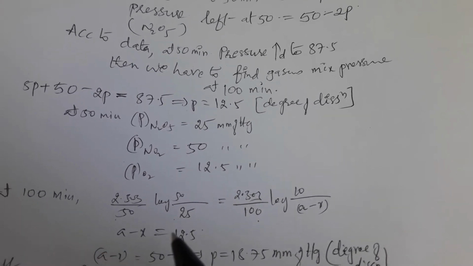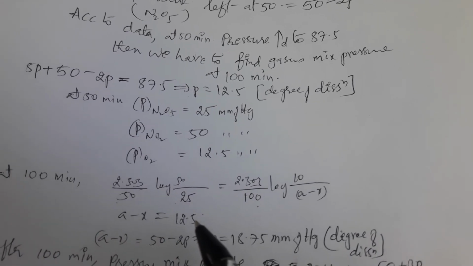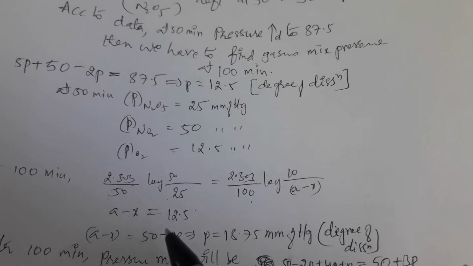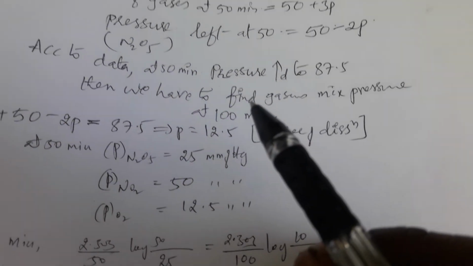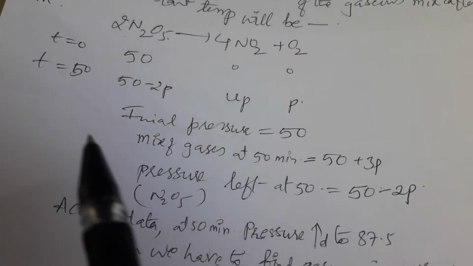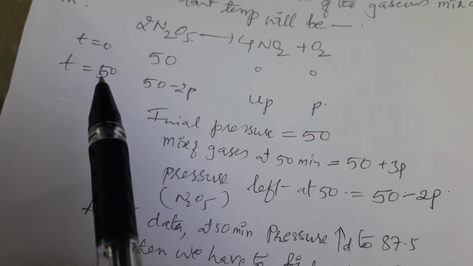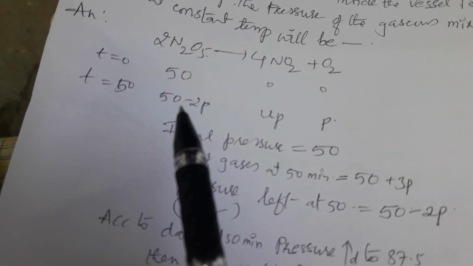After calculation, you get A minus x will be 12.5. This 12.5 becomes equal to 50 minus 2p. Here, at a particular time, 50 minus 2p is the A minus x.